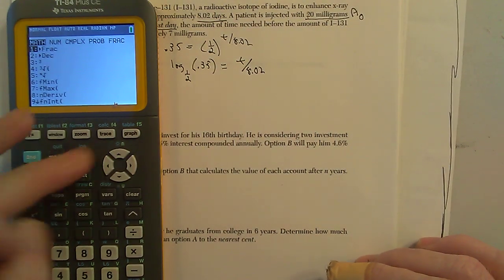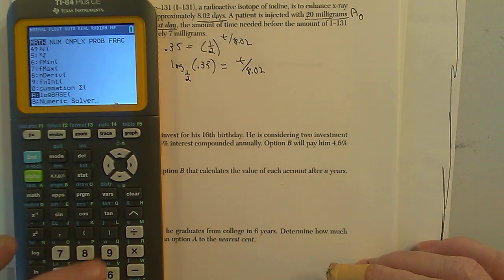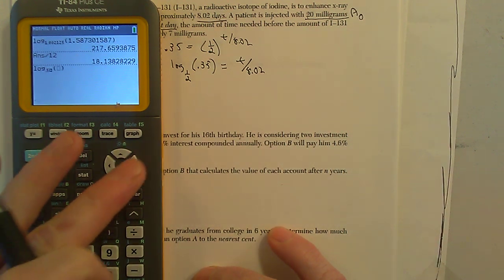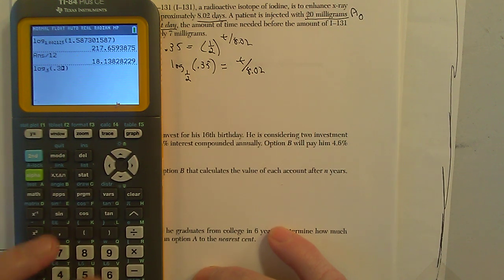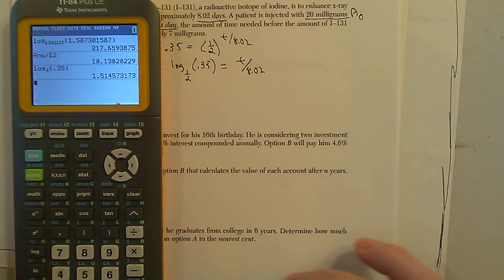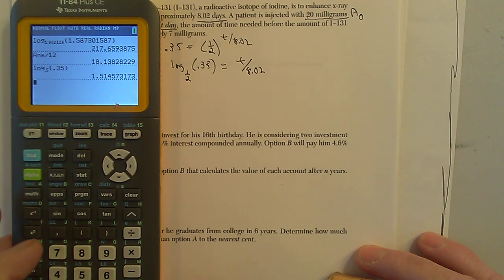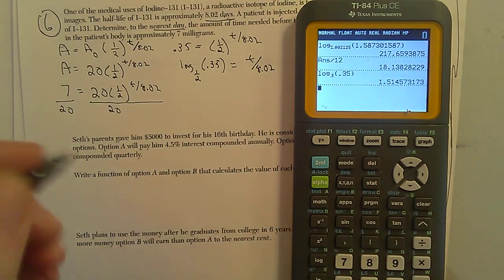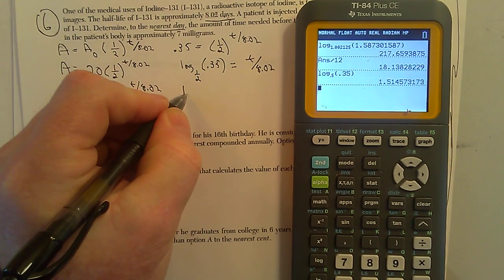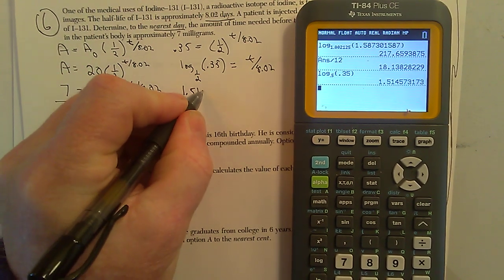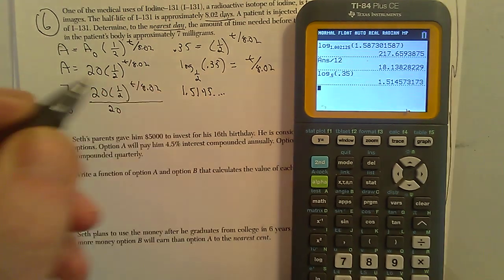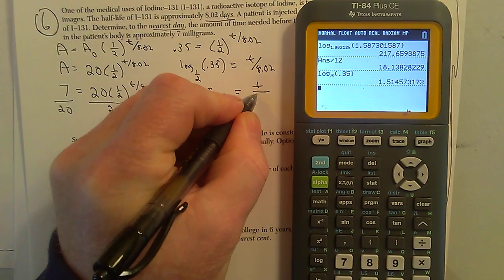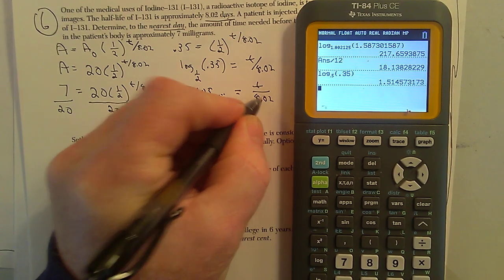Math. Log base 1/2, 0.35. Get that number right there. So 1.5145... equals T over 8.02.